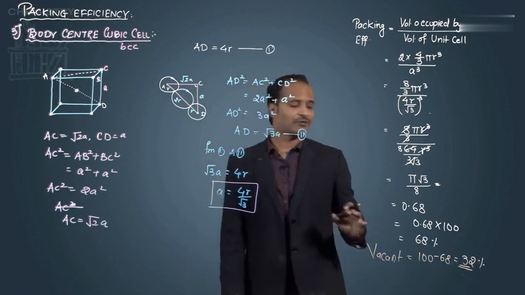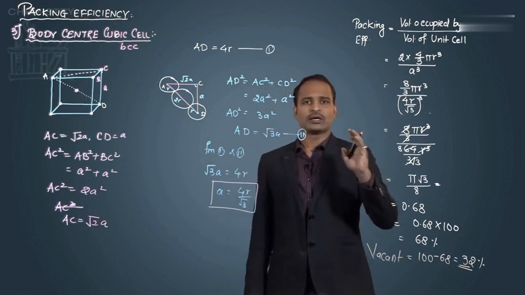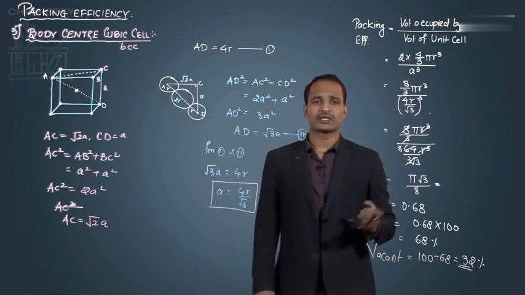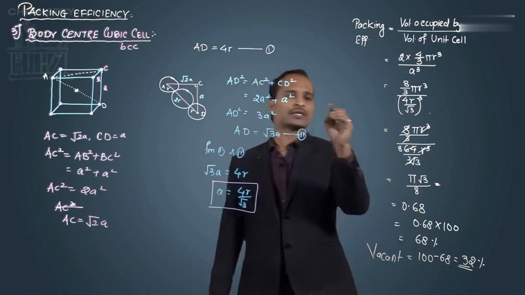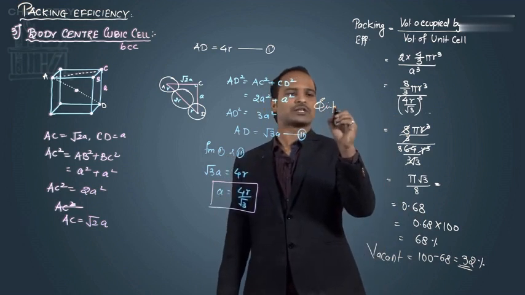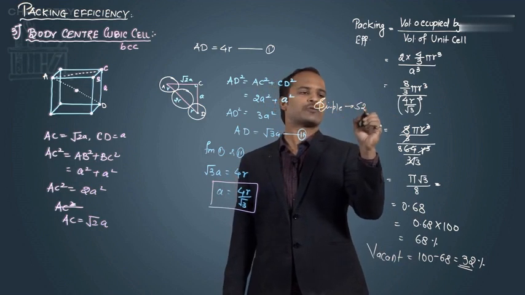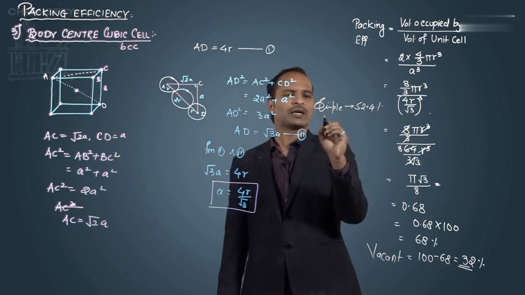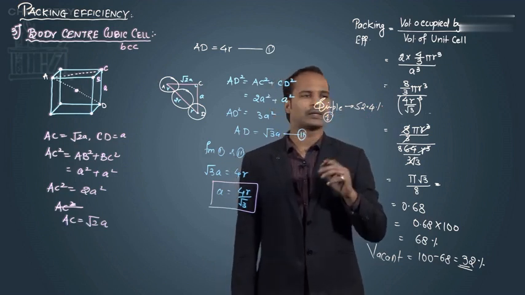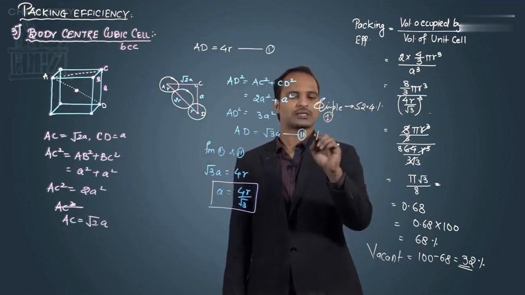So this is the packing efficiency for the body-centered cubic cell. The packing efficiency of BCC is less than FCC. For the simple cubic cell the packing efficiency is 52.4%, that means the least packing. Simply remember that a simple unit cell contains only one particle, and that's why its packing efficiency is less.